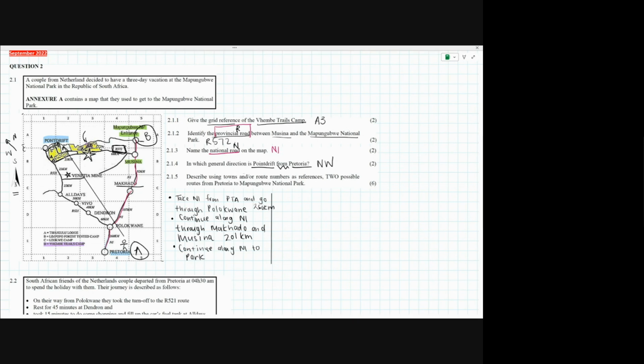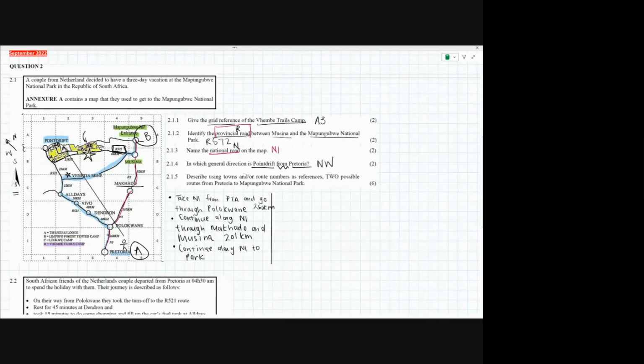I'd probably go Pretoria, Polokwane, through Dendron, Vivo, All Days, then go up the R521, I think that is, yep, to the Venetia mine, all the way up until I meet the R572, take a right, and then into the park. So there's a few different routes you can take. Just because I've chosen that one doesn't mean that's the one you have to take. But again, be as descriptive as possible.